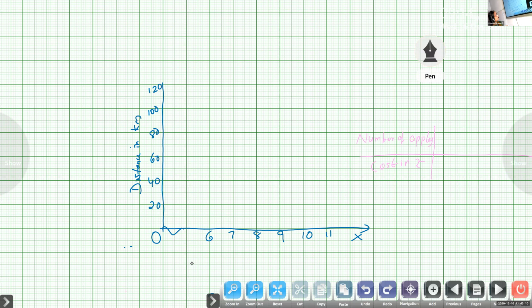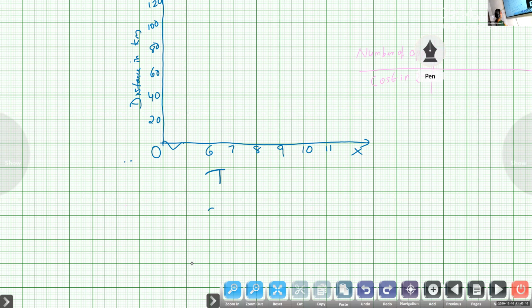Now plot the points. First point is 6, 40. Then 7, 80.